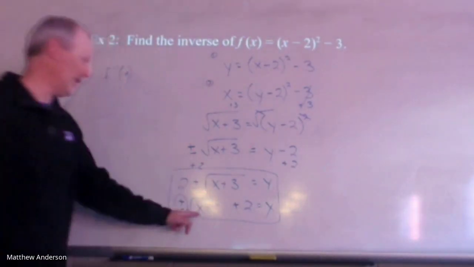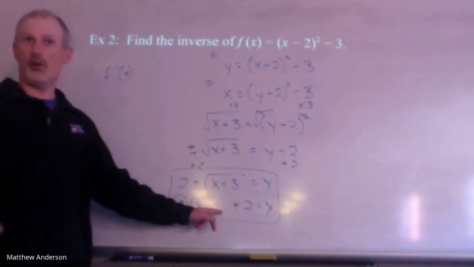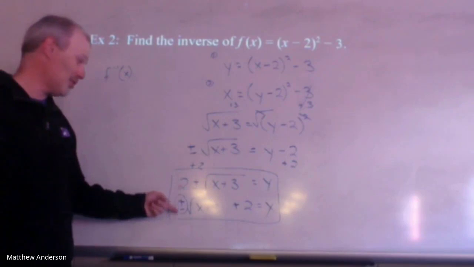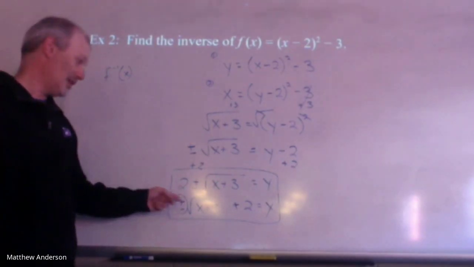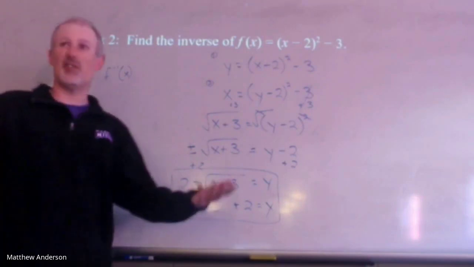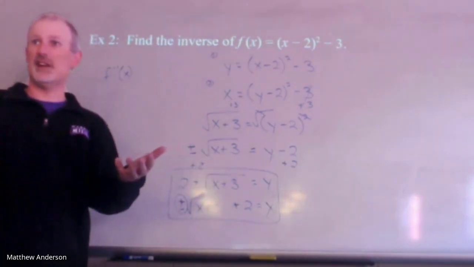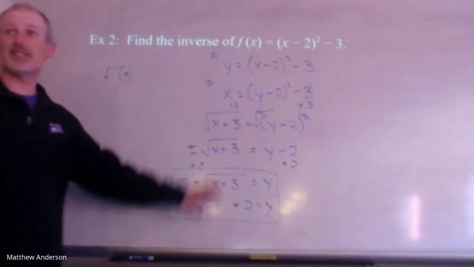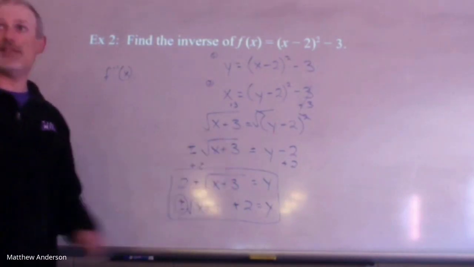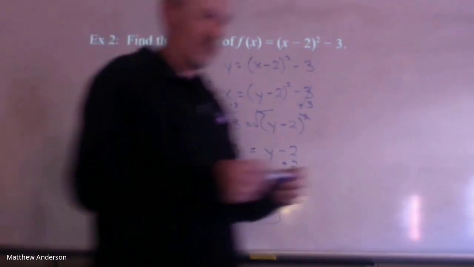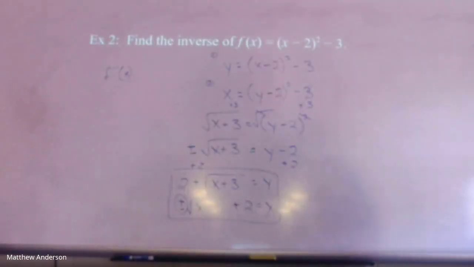If we put in a 1 here, 1 plus 3 is 4, and the square root of 4 is 2. But this says we could have a plus 2 or a minus 2. And so if it was a plus 2, that's 4. A minus 2 plus 2 is 0. We're getting 2 different answers, right? So this plus or minus right here tells us that this inverse is actually not a function. It is the inverse, but it's not a function inverse, or an inverse function, I should say.